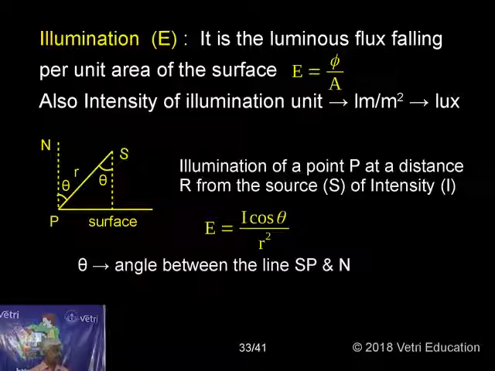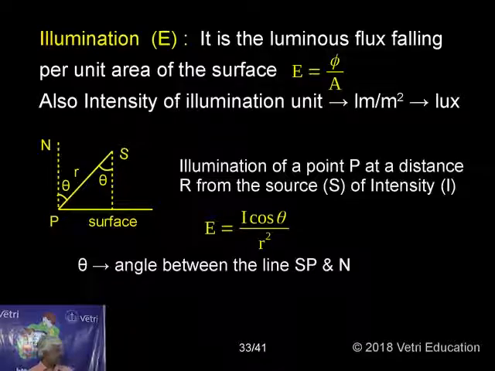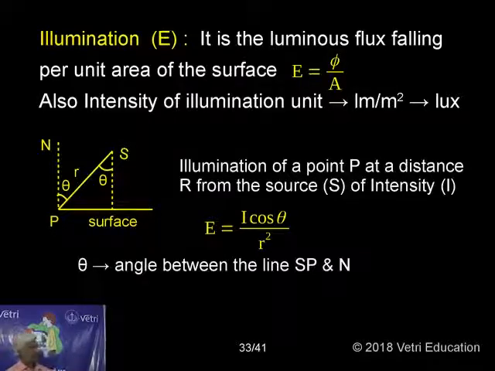This is the formula for finding illumination, where R is the distance of the source from the surface. Theta is the angle between the line SP and the normal. So this is the normal, this is the line SP, and this angle is theta. Substituting, we can find the value of illumination, I cos theta by R square.